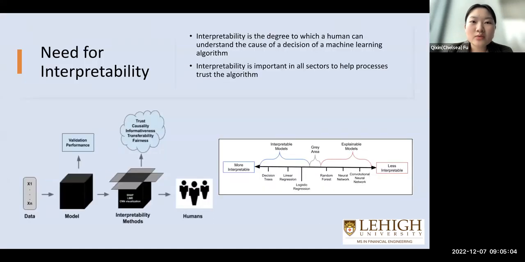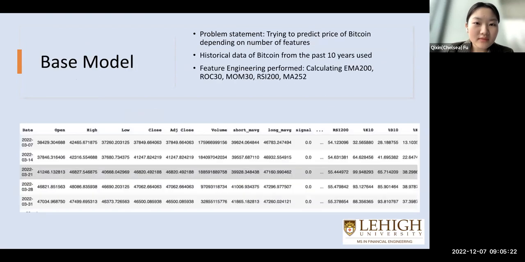Machine learning is used in extensive key industries nowadays. It's used in healthcare, automotive, finance, and more. It's quite important to trust the process of machine learning. So to test the interpretability, we created a base model. This problem statement is basically trying to predict the price of Bitcoin depending on a number of features.